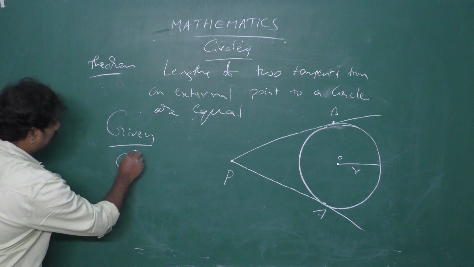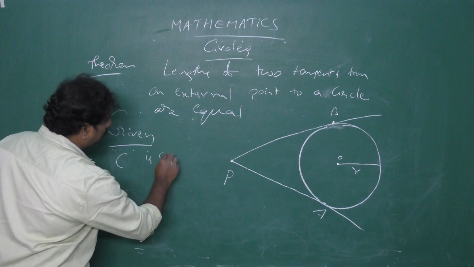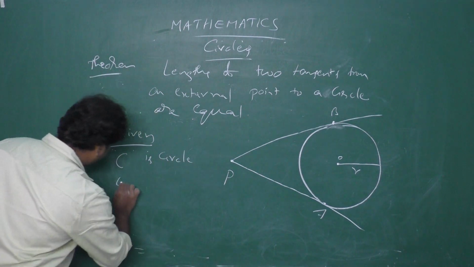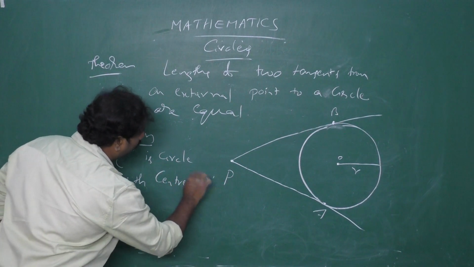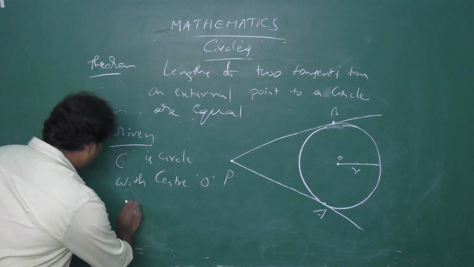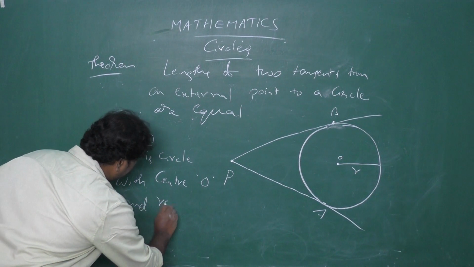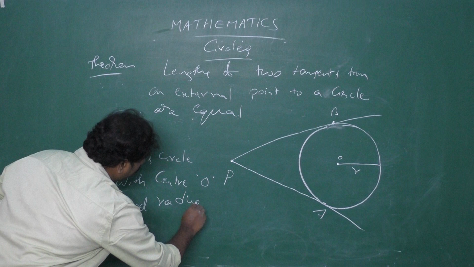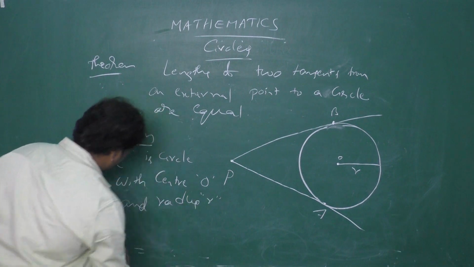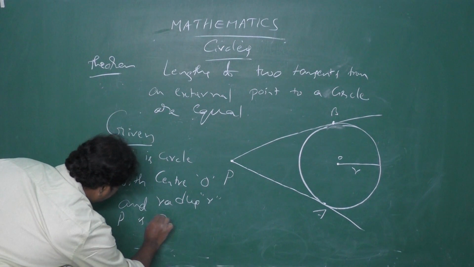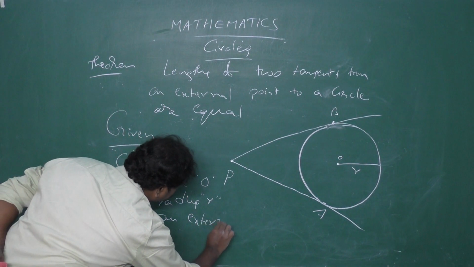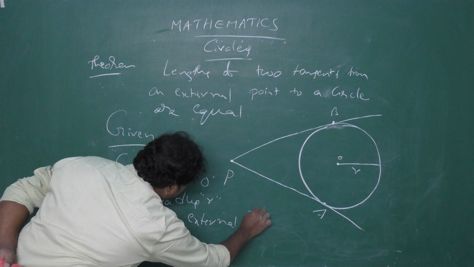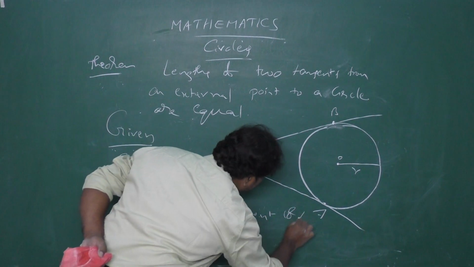C is a circle with center O and radius r. P is an external point of the circle.